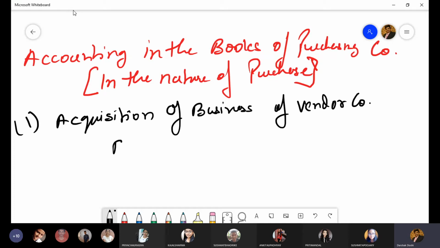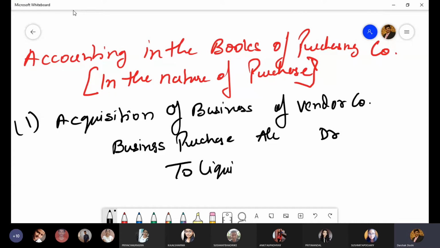The entry is business purchase account debit to liquidators of vendor company.